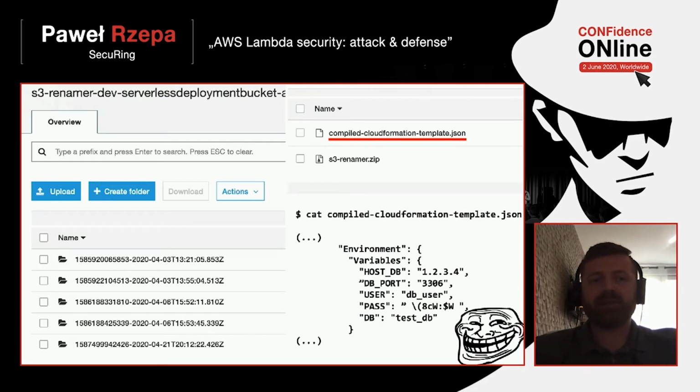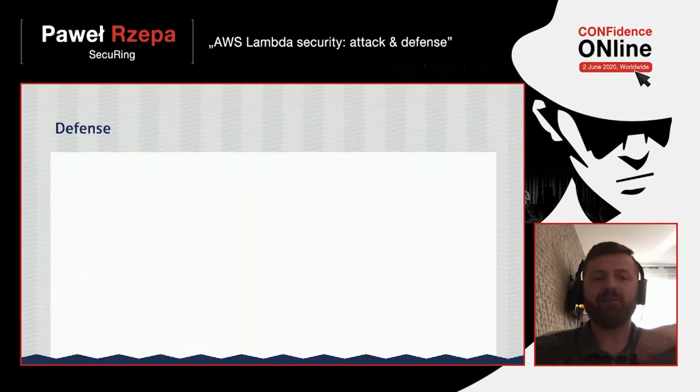And if you are an attacker with such access to such a bucket, then I recommend you go through all the versions of the Lambda, because even if the latest version has encrypted environment variables or there are no secrets at all, there's a possibility that in the previous versions you will find some valid secrets.